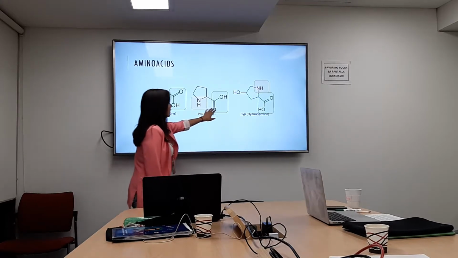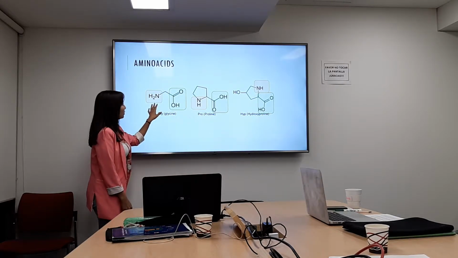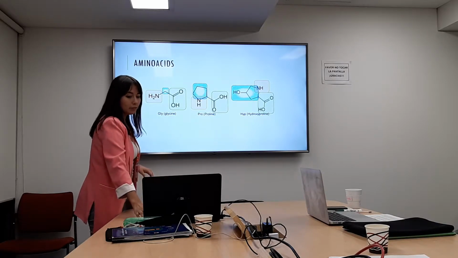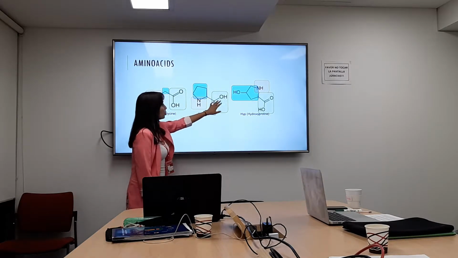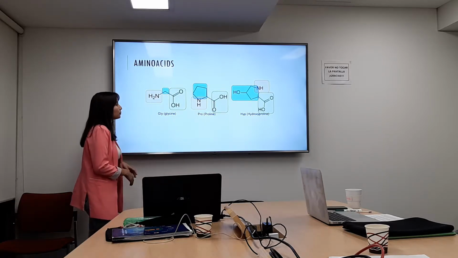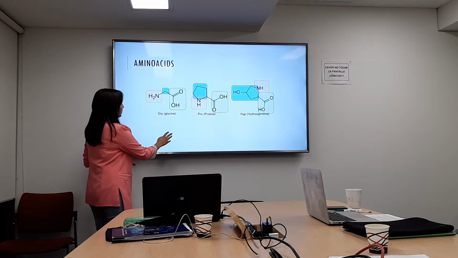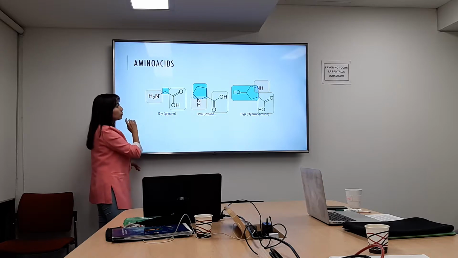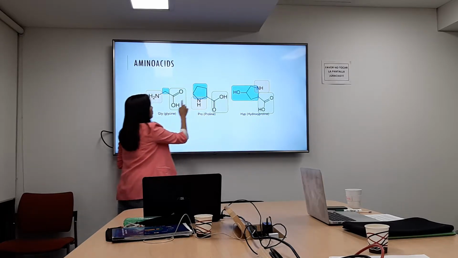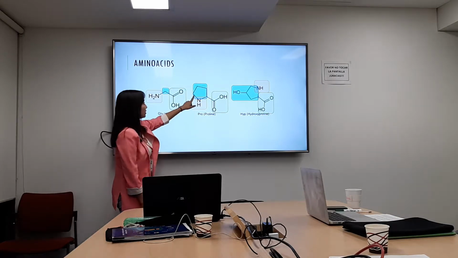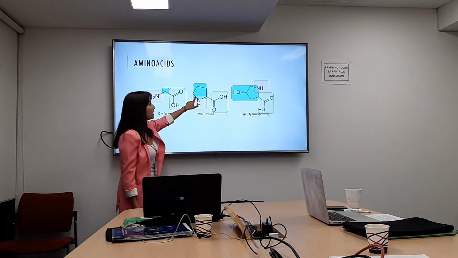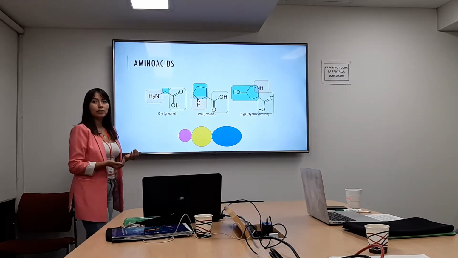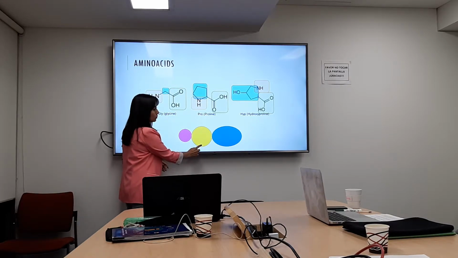In yellow, you can see the amino part, which is almost the same in all three amino acids. Finally, the blue part is the functional group that gives the function to the amino acid. What changes is the functional group. You can see that this functional group is small, this one has a medium size, and this one is bigger. So, our pearls composing our necklace are a small one, a medium one, and a big one.